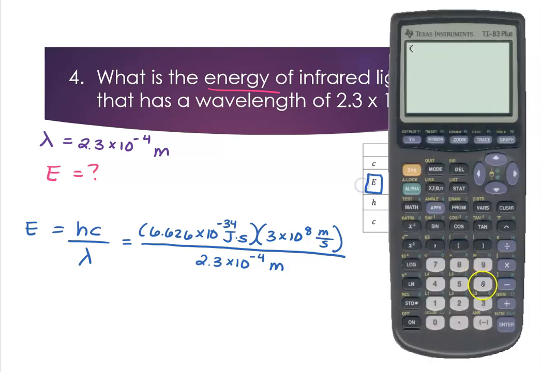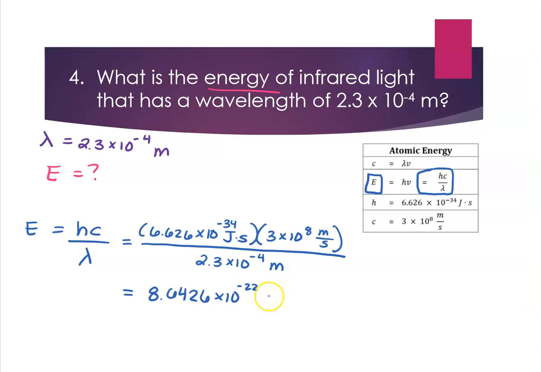So we'll do parentheses 6.626 times 10 to the negative 34, and we don't really need to put a times there, so we can just do another parentheses, 3 times 10 to the 8th. And then I'm going to divide that and put the bottom in parentheses, 2.3 times 10 to the negative 4. All right? So when I do this, I get 8.6426 times 10 to the negative 22nd.